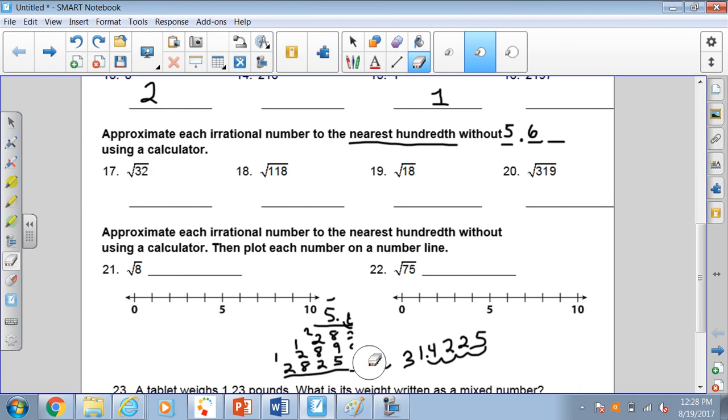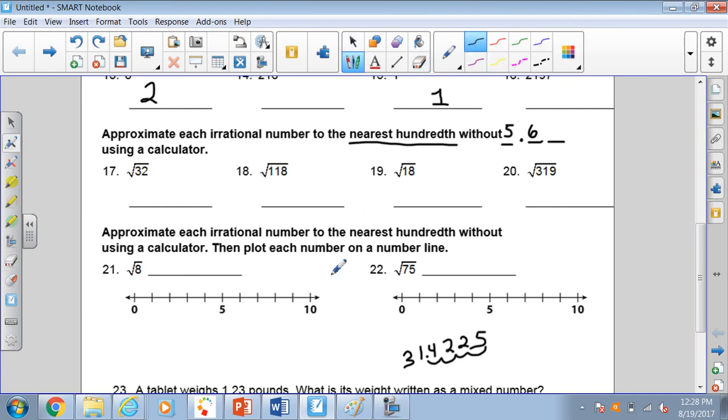If I was to go ahead and take this number and make it 5.66 times 5.66. All right, and if I do that, we got, let's see, 6 times 6, that's 36. Bring up the 3.